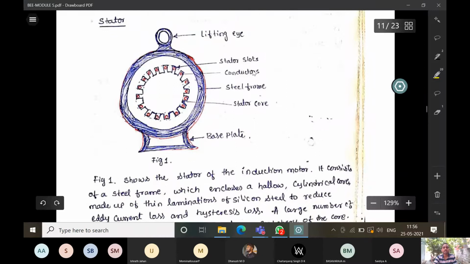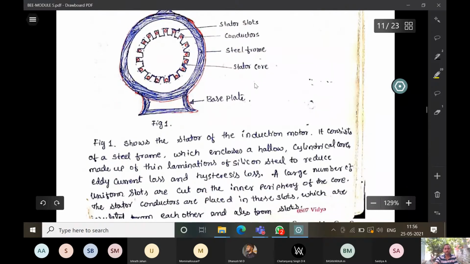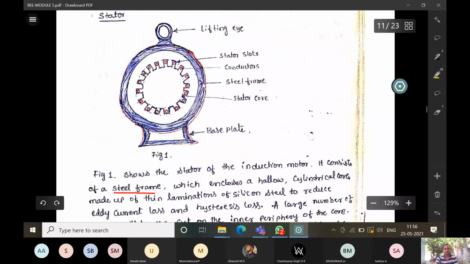Now the figure shows the stator of the induction motor. It consists of a steel frame, which encloses the hollow cylindrical core. Inside there is a core, this is the stator core.